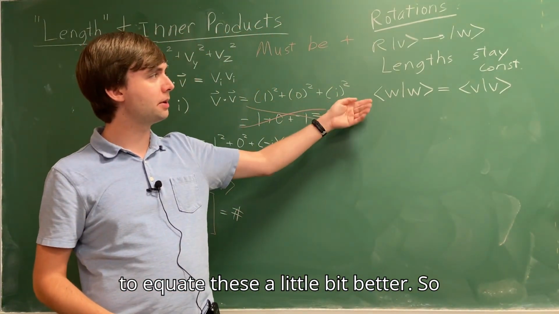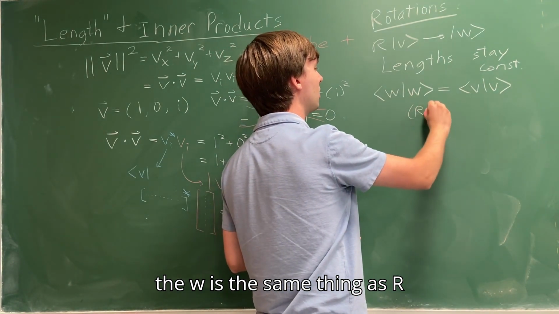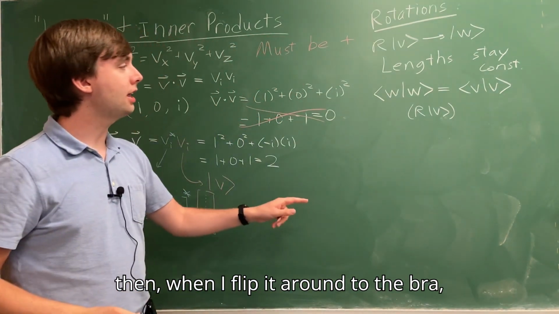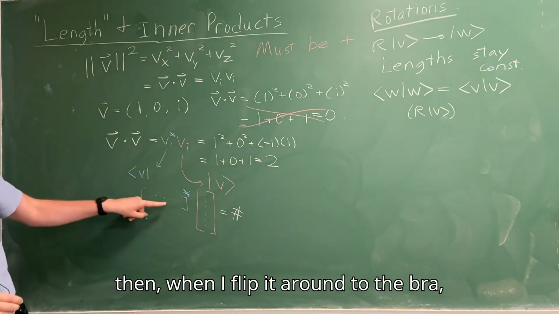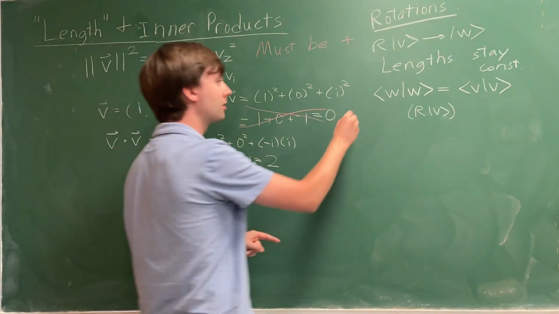So let's try to equate these a little bit better. So the w is the same thing as r acting on the original vector. But then, when I flip it around to the bra, I have to transpose and complex conjugate.